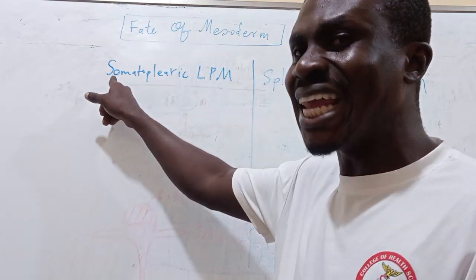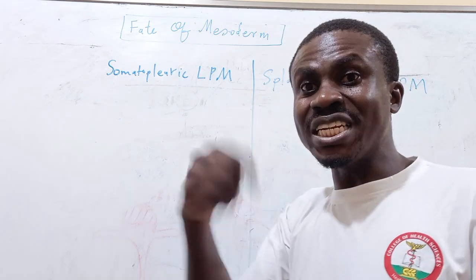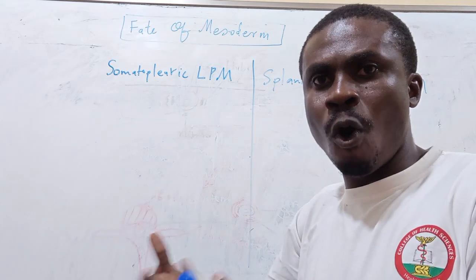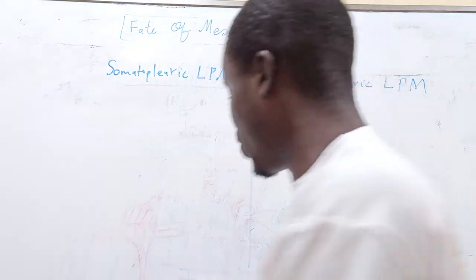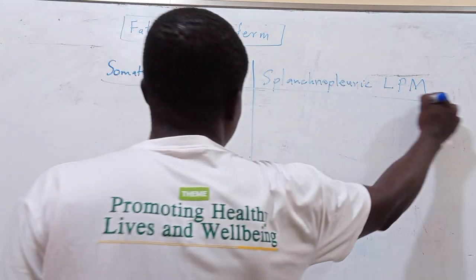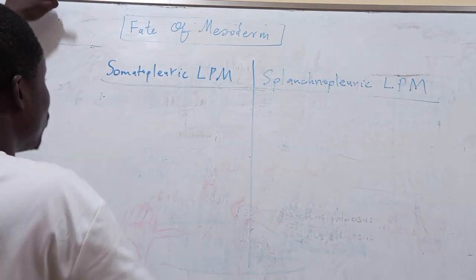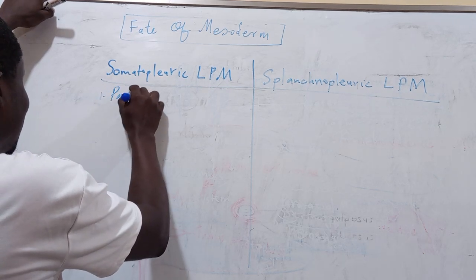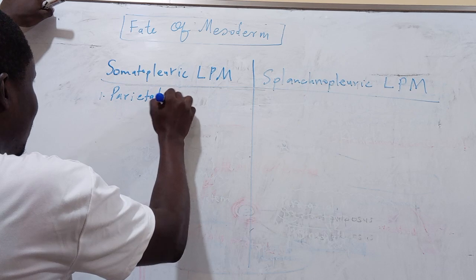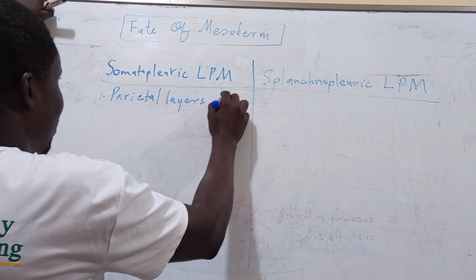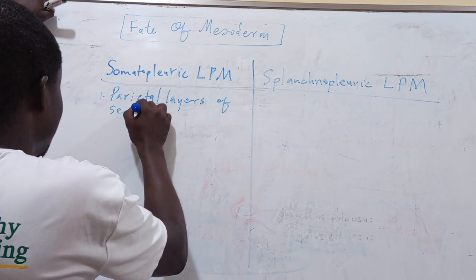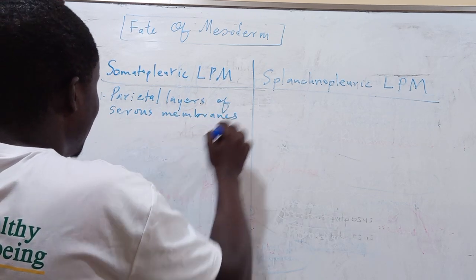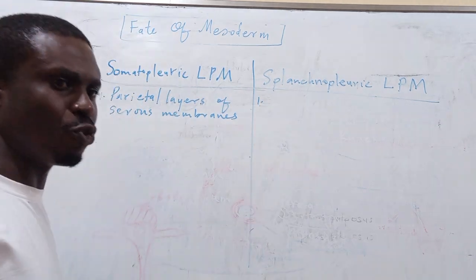So the parietal layers around these cavities we are talking about will become, I've told you, body wall, parietal. For this reason, the first thing I want to put down over here is that somatopleuric will be all parietal layers of serous membranes. And I've told you already, what parietal layers are we talking about?